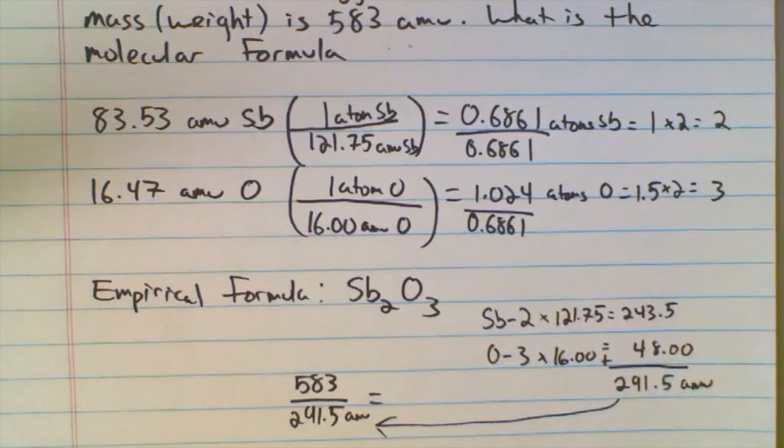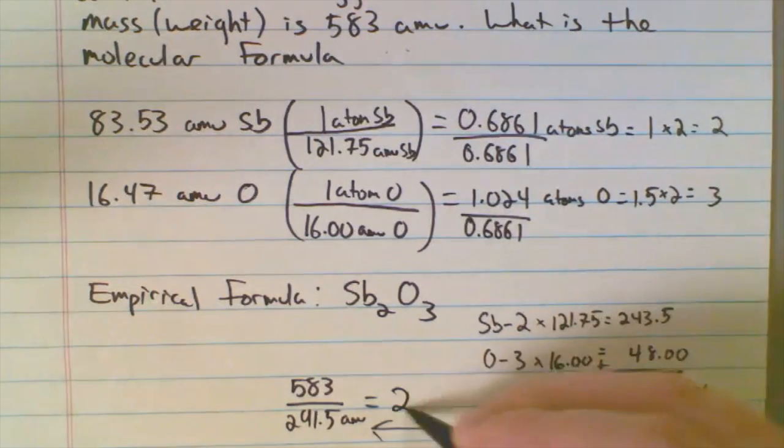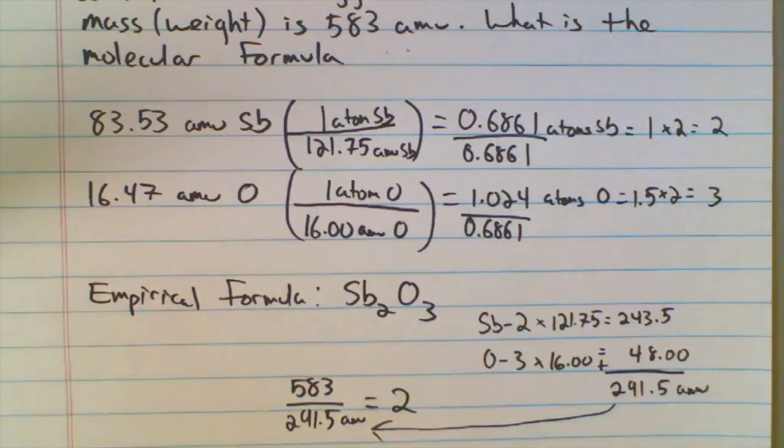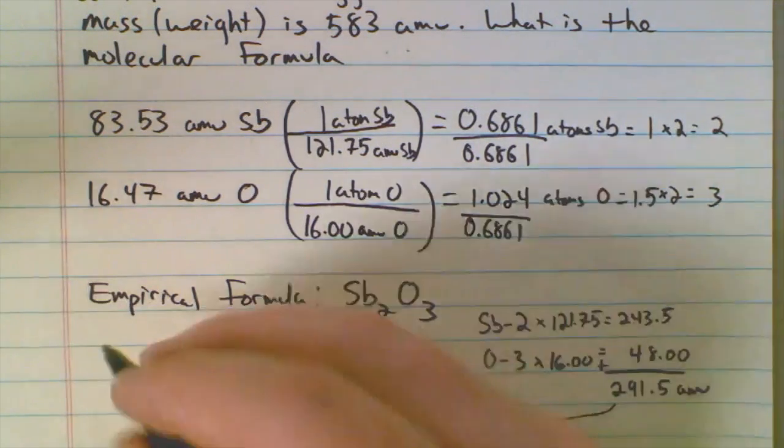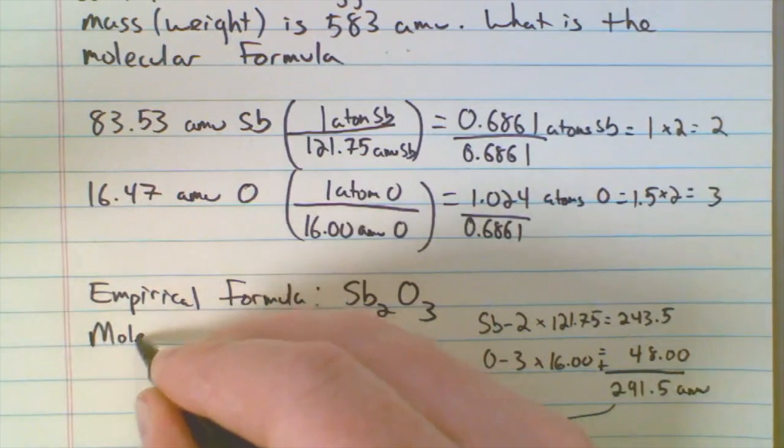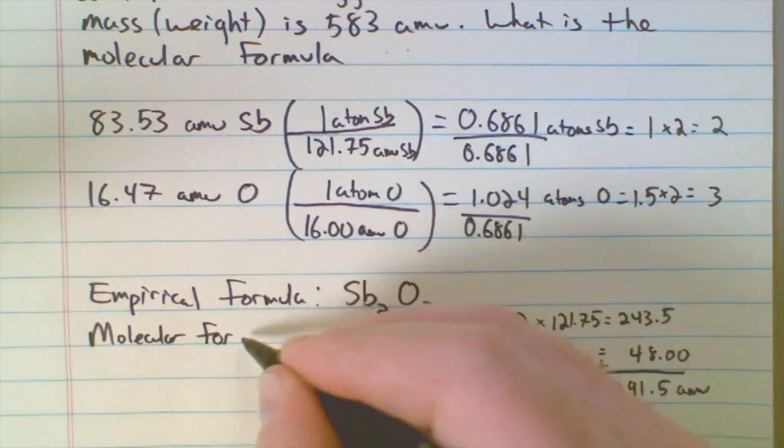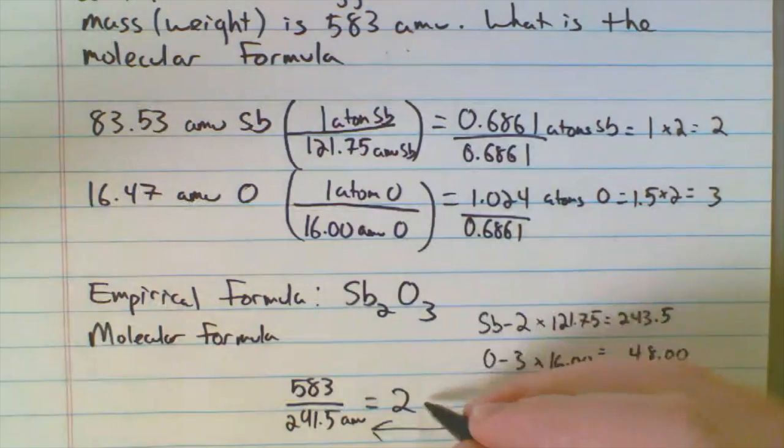So 583 divided by 291.5, I get exactly 2. Sometimes it won't be 100% exact. It'll be close to it, like 1.99 or 2.03 or something like that, and you're in that range. So then my molecular formula is multiplied by a factor of 2.